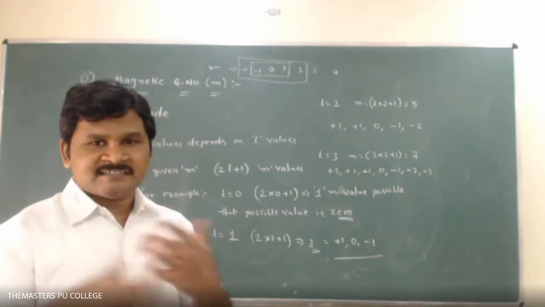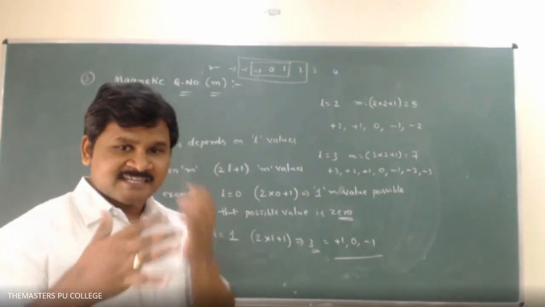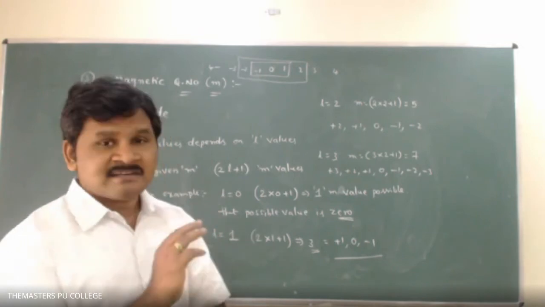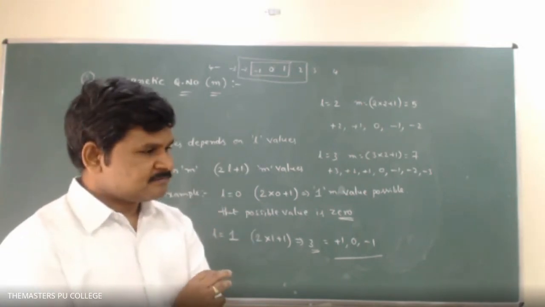Orientation means arrangement. How it is arranged, in which geometry it is arranged, that we can say by using the magnetic quantum number.